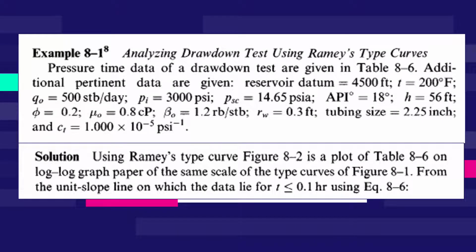So now, Example 8.1, analyzing drawdown tests using Ramey's type curves. We have the given data for the drawdown test.